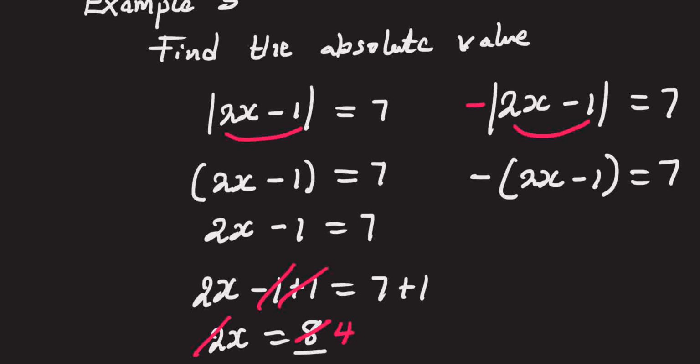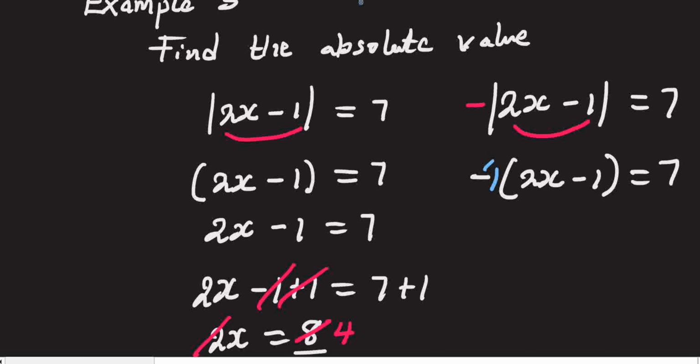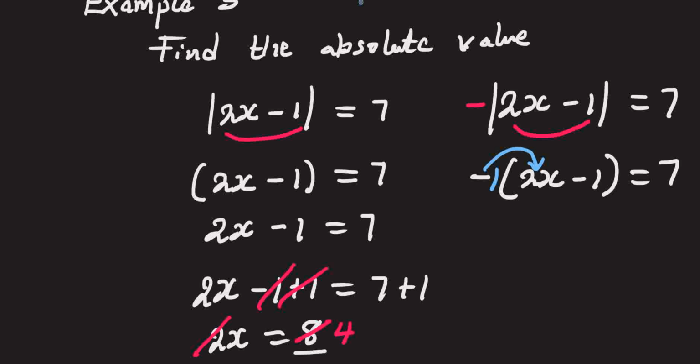This negative outside is like negative 1. All you have to do is distribute it into the content of the parentheses. In other words, use it to multiply them. So negative 1 times 2x, that gives you negative 2x. Negative 1 times negative 1 gives you positive 1. And so this is equal to 7.